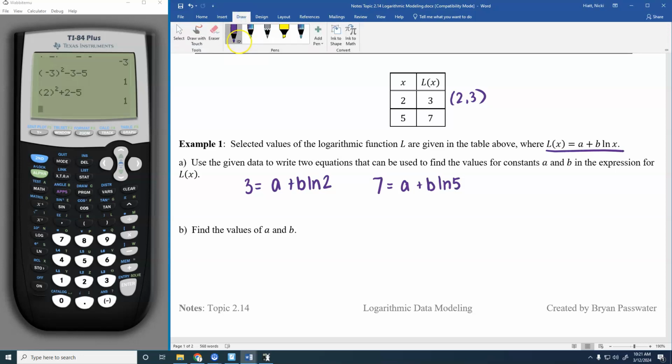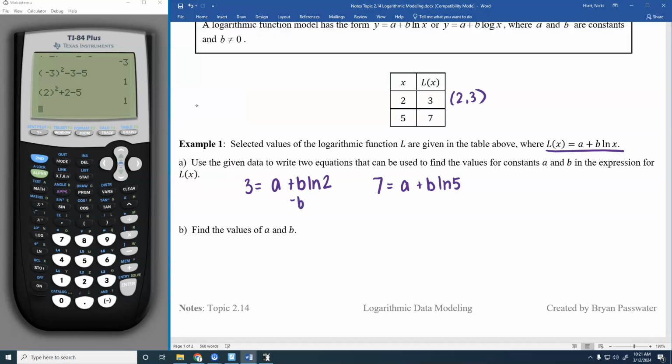So if I pick that first one and I solve it for a, then I would need to subtract b natural log of 2, and I will get a equals 3 minus b natural log of 2. And because this is equal to a, I can plug it in up here for a in my other equation.